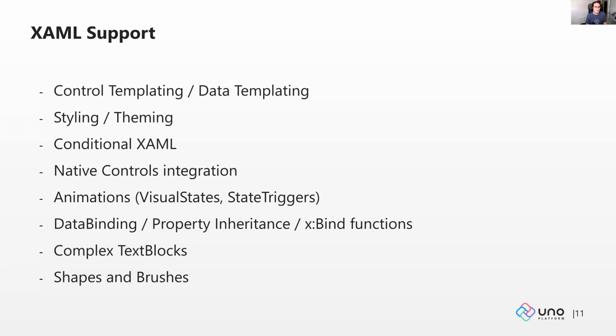So it basically removes the need for value converters, those pieces of code that are not particularly user-friendly or developer-friendly. We support complex text blocks and shapes and brushes and many things like that. So that's the kind of XAML support that we have.